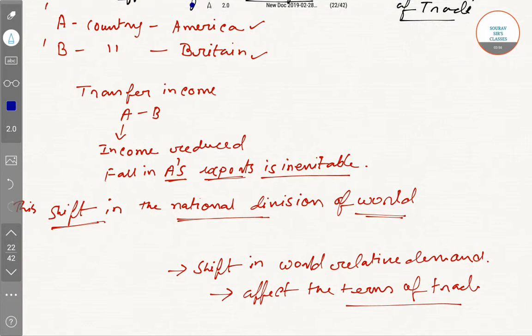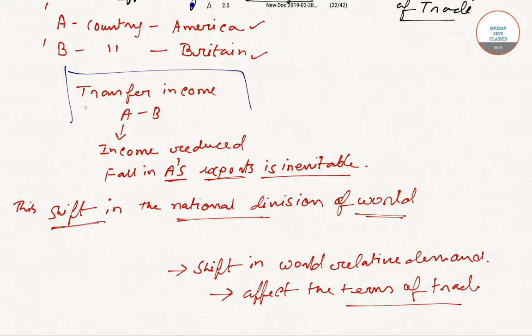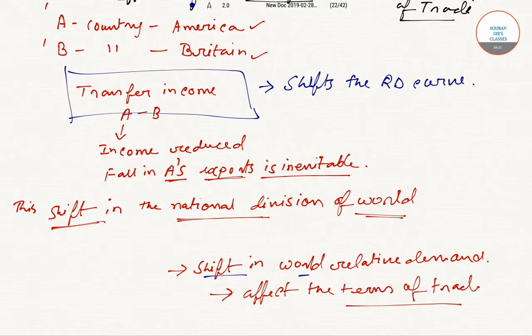The key point here is the transfer of income. The transfer of income shifts the relative demand curve, that is, the world relative demand, which affects the terms of trade.